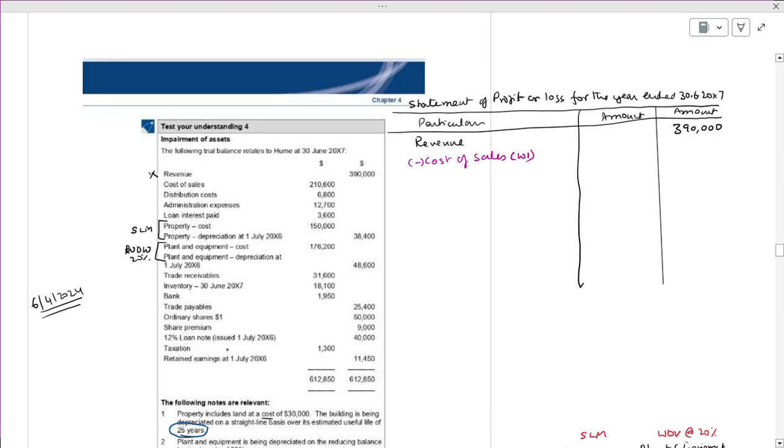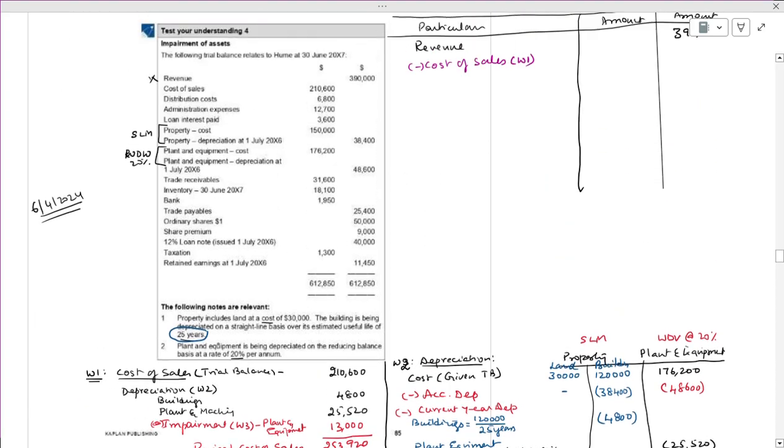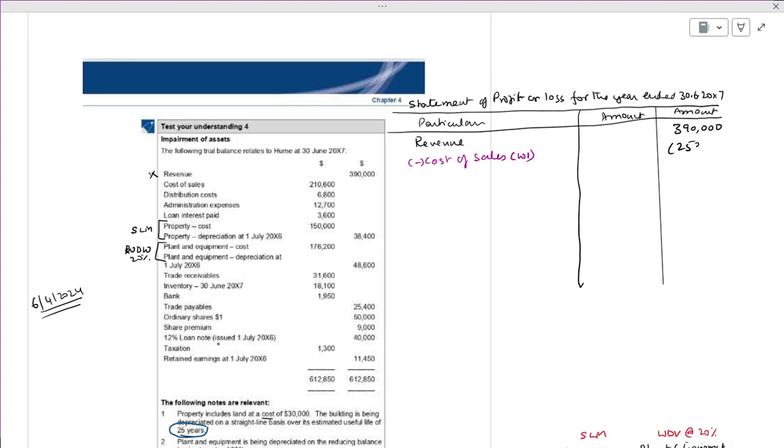Cost of sales is how much? Cost of sales is working 1. How much have we calculated for cost of sales? $253,920.